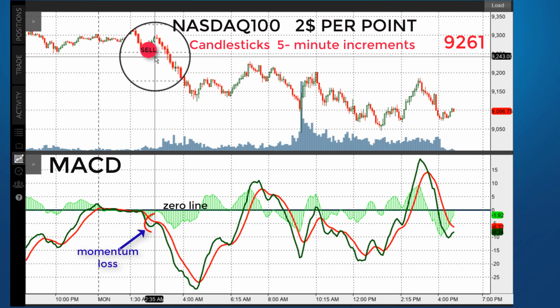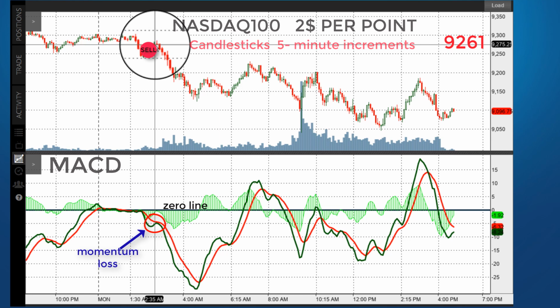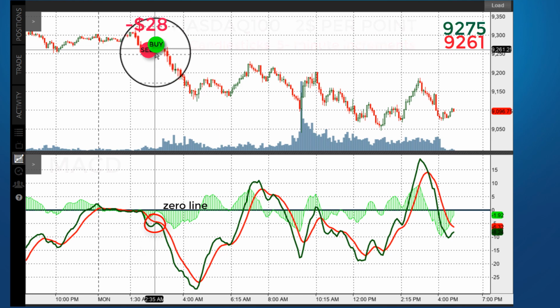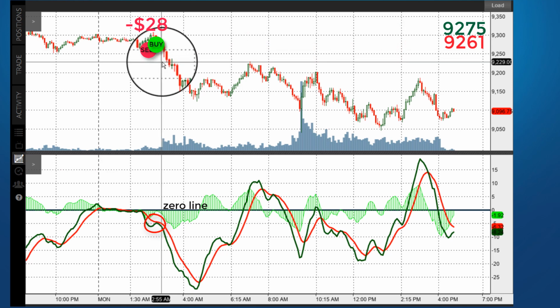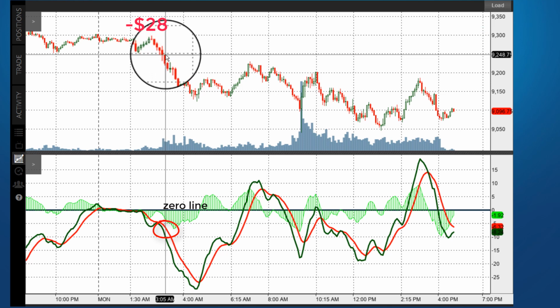Now what happens right away is that two lines start to converge, and that means I should get out of the trade. I'm losing momentum, so I get out at 92.75. I lost 14 points in NASDAQ 100. That's minus $28. Not a great start, but less than 15 or 20 minutes later, I get another sell signal here.